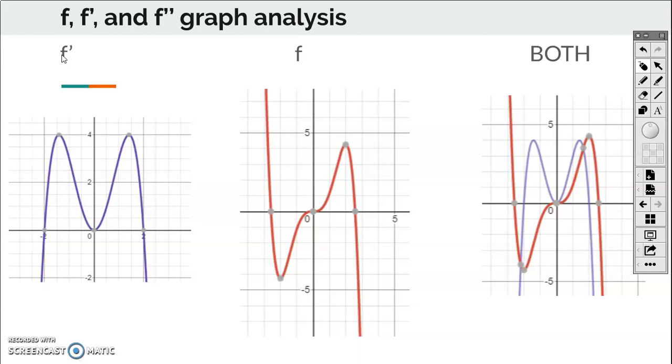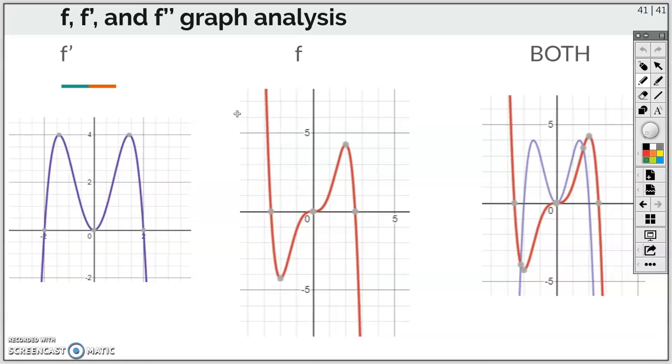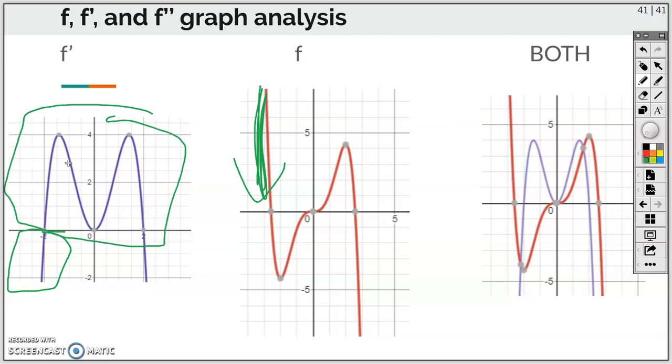So when I want to go from f prime to f, this is telling me the slope. So let's look at it. Right here, I start out with negative f prime. So a negative slope means my original function is decreasing. The rest of the time, the slope or the derivative is positive until we get to the end.